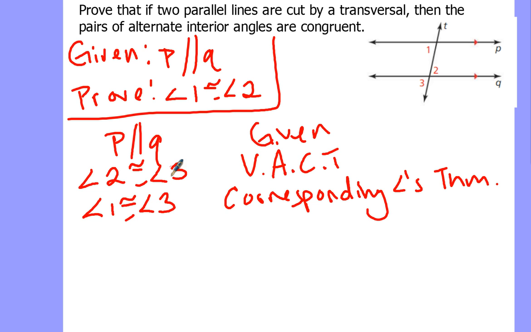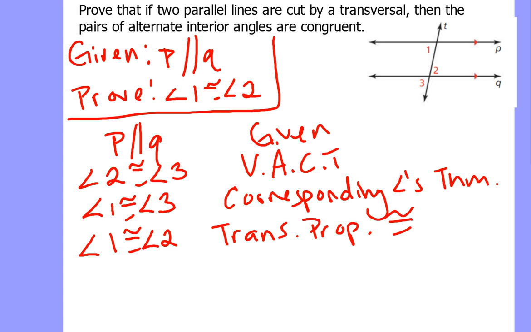If 3 is congruent to 2 and 3 is congruent to 1, then 1 and 2 are also going to be congruent, right? If A equals B and B equals C, then A equals C as well. And so we can say that angle 1 is congruent to angle 2 by the transitive property of congruency. I say congruency because we have congruences and not equal signs.